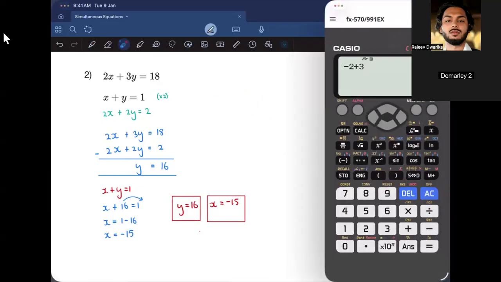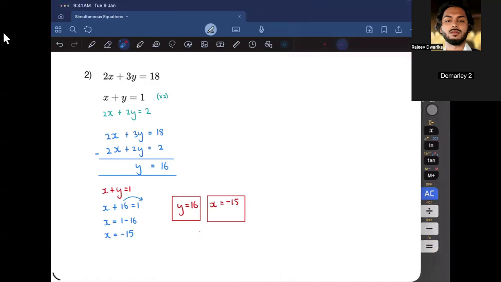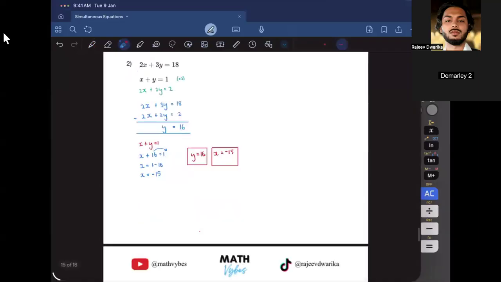And if I wanted to check the other equation, I would say 2, open bracket, x is minus 15, plus 3, y is 16. When I press equal, what's supposed to get? 18. Wow. Right? So we good. 100% correct.